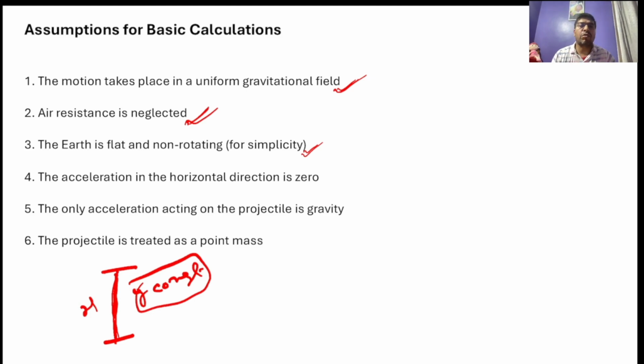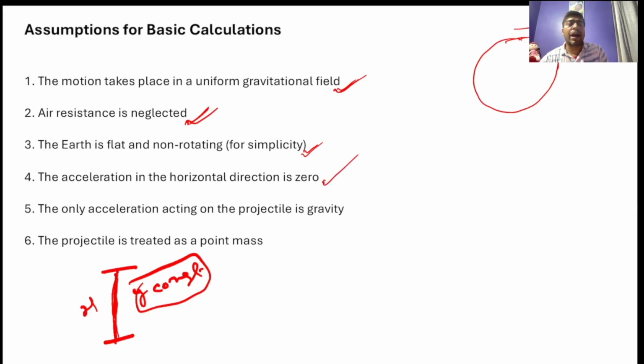Because if we consider rotation, we have to consider some pseudo force. And if we consider it a round shape, then we have to consider arc length and all. We cannot consider it a flat surface for range calculation. Clear?